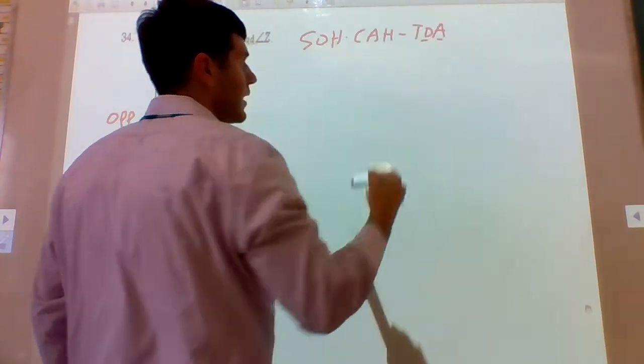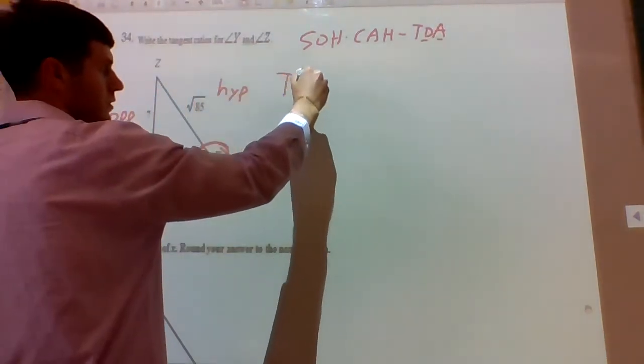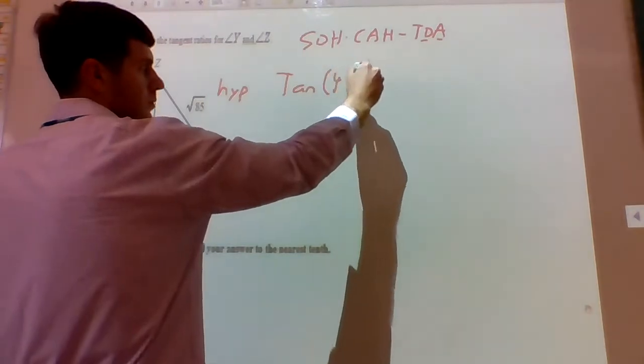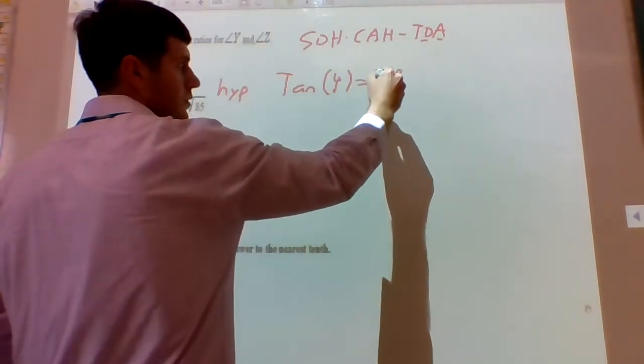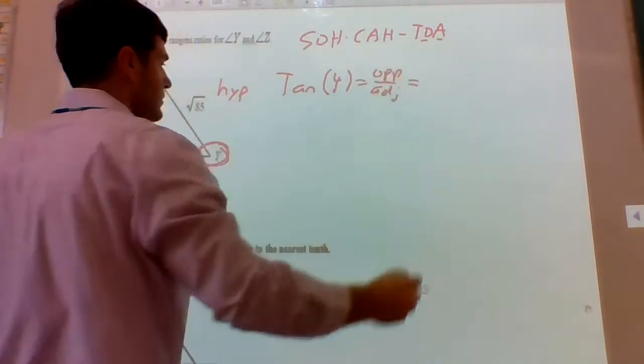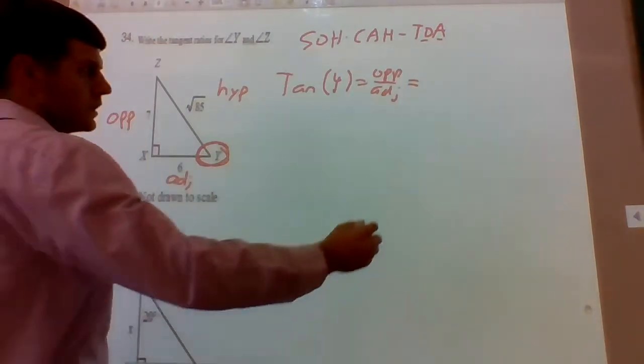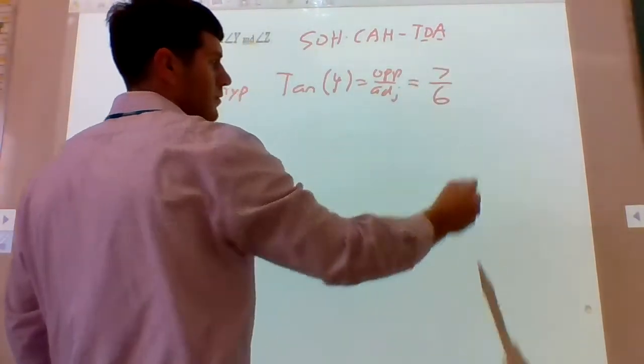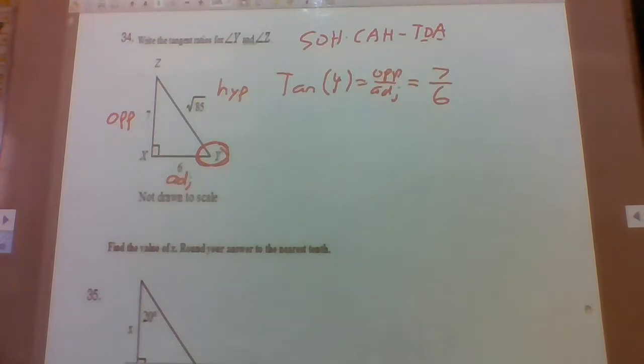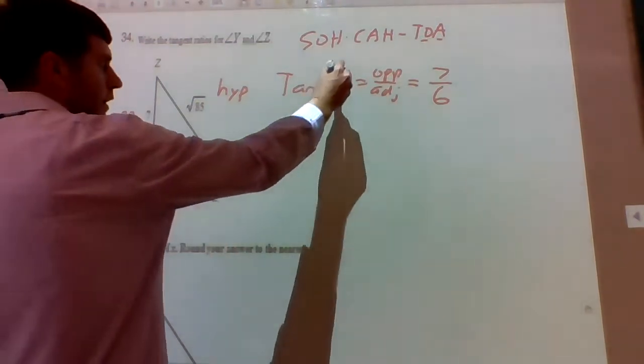Tangent is opposite over adjacent, so tangent of Y is opposite over adjacent. Opposite is 7, adjacent is 6.